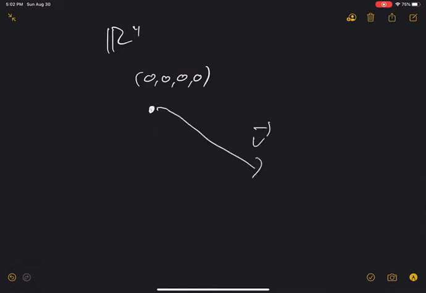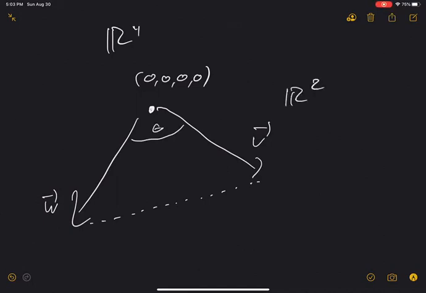So I have this vector V and this vector W, floating in this four-dimensional space. I can always draw a straight line between their points, and that will always be a triangle. This triangle is just a two-dimensional figure, so I can use my same ideas of angles from R2. So I still can find the angle between these two vectors.